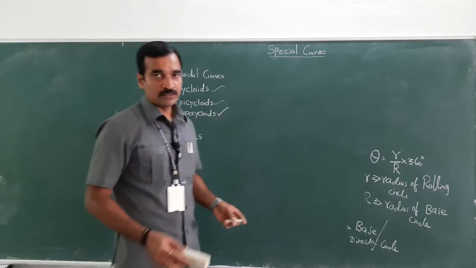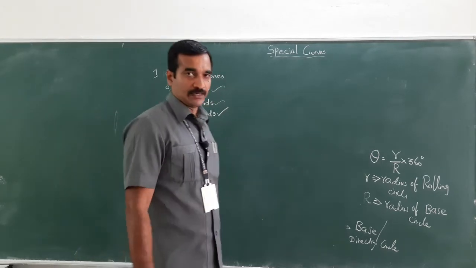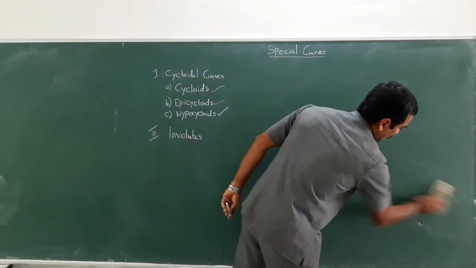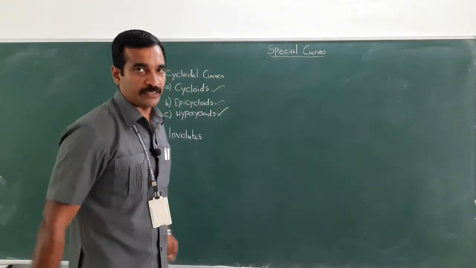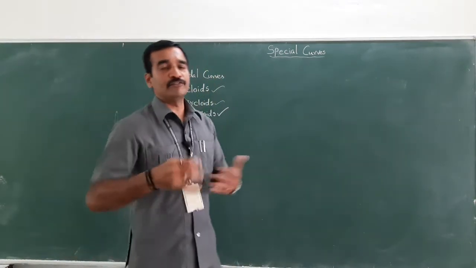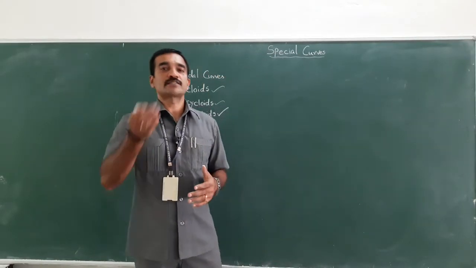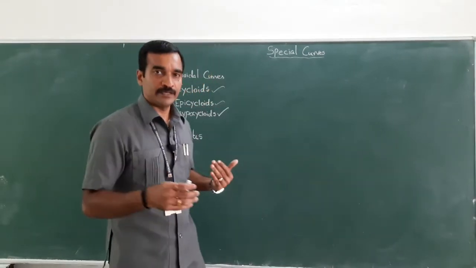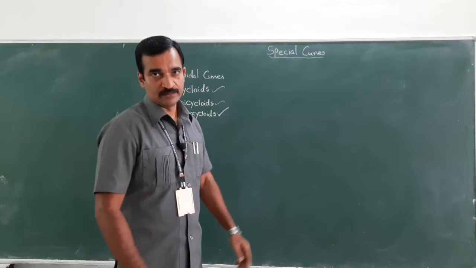See, in epicycloid, the rolling circle rolls over another circle, right? And what about hypocycloid? The definition of hypocycloid is the curve traced by a point on the circumference of a circle rolling without slipping on the inside of another circle, right?